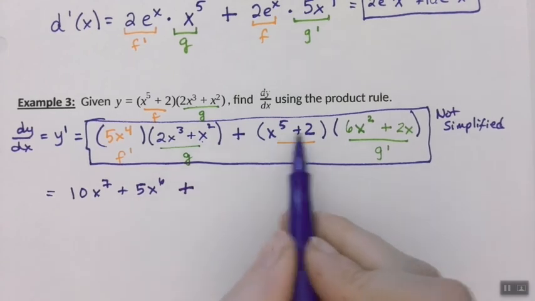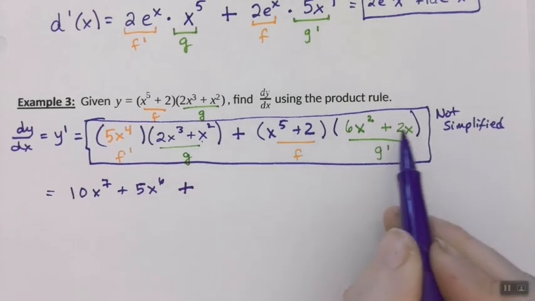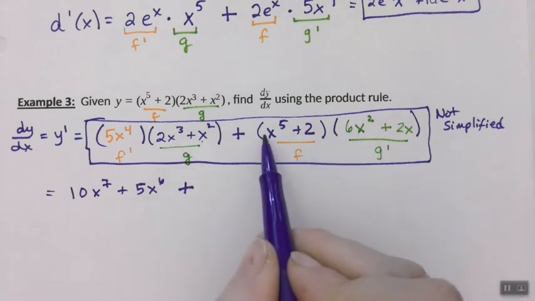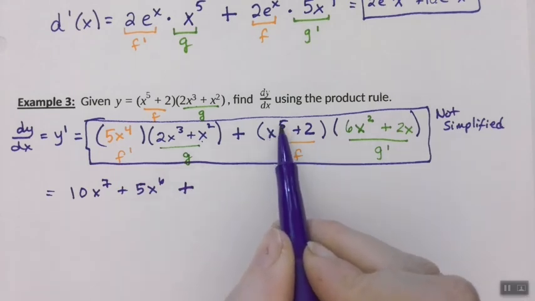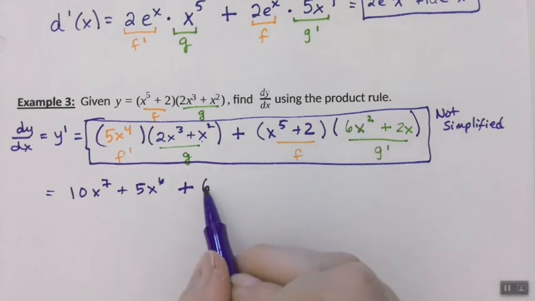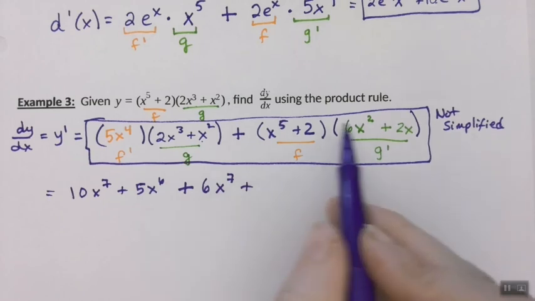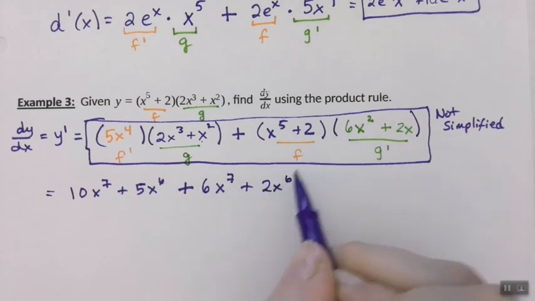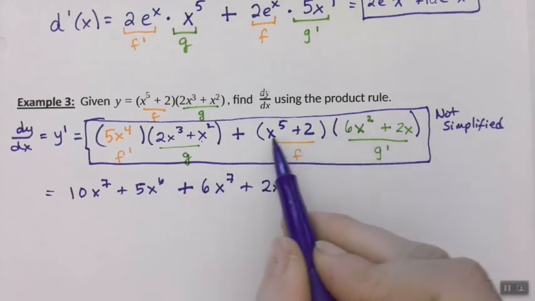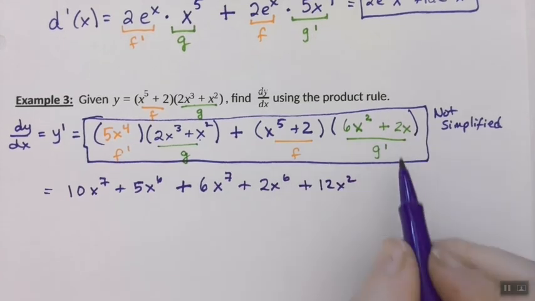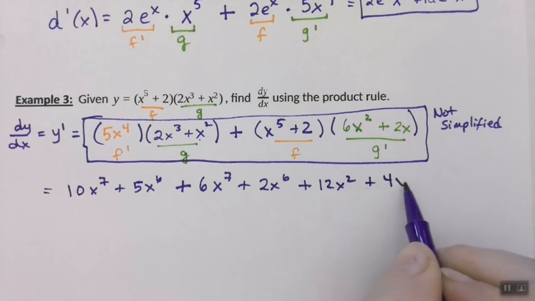Plus, and then over here I have a binomial times another binomial. So I'm going to multiply or FOIL. So x to the fifth times 6x squared would be 6x to the seventh plus 2x to the sixth plus, that was outers, inners is 12x squared, and lasts is 4x.